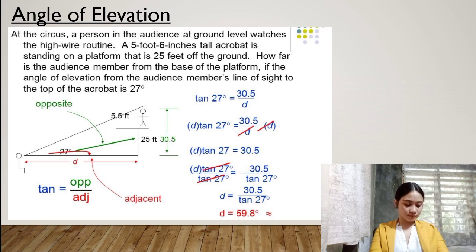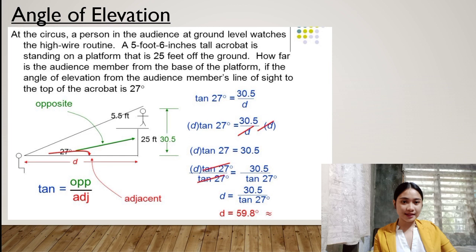Now, we will use a scientific calculator to make it easy. We get the tangent of 27 degrees: 0.509525449. That is the equivalent of tangent 27 degrees. So, what we do is 30.5 divided by 0.509525449. The result is 59.8. So, that means the distance in our problem is approximately 59.8.